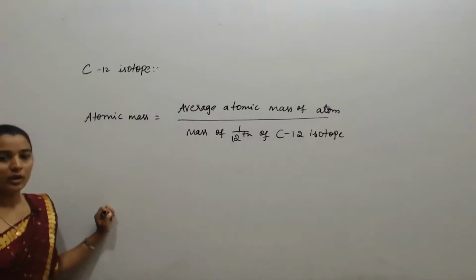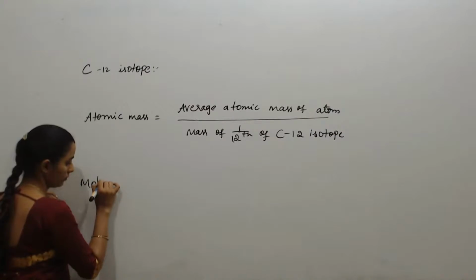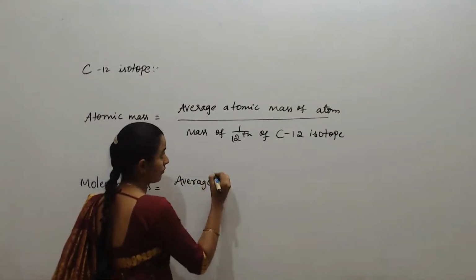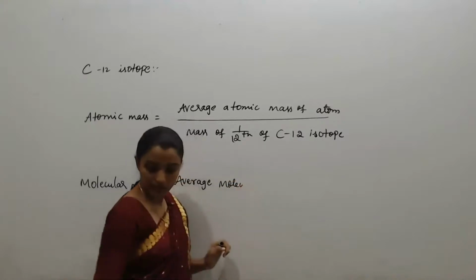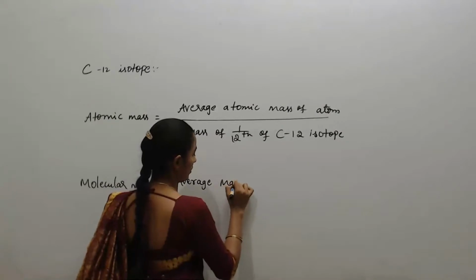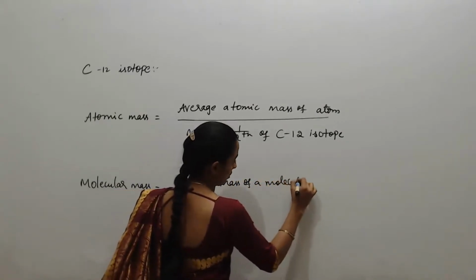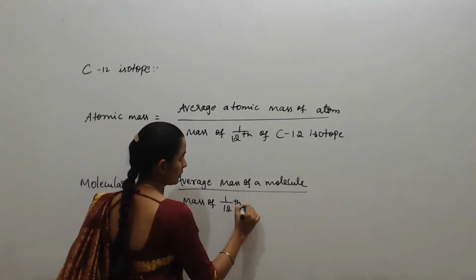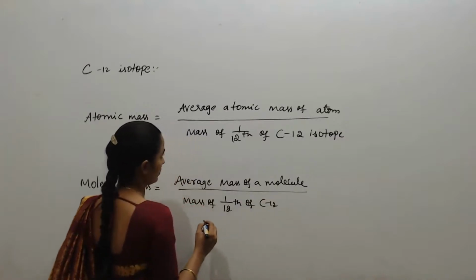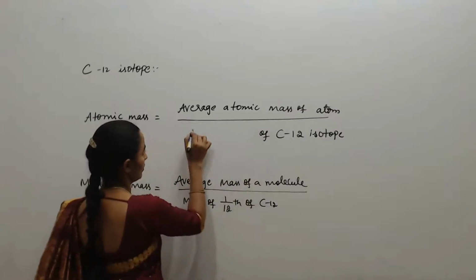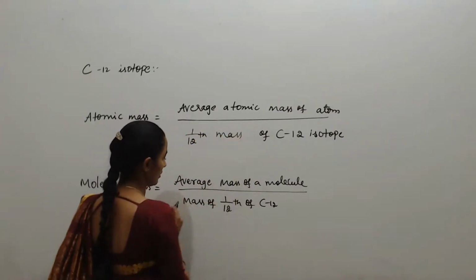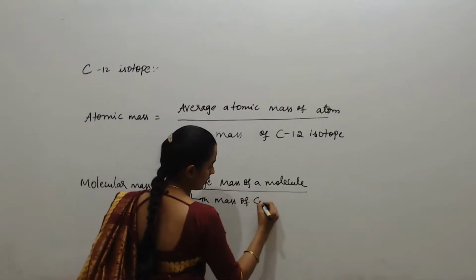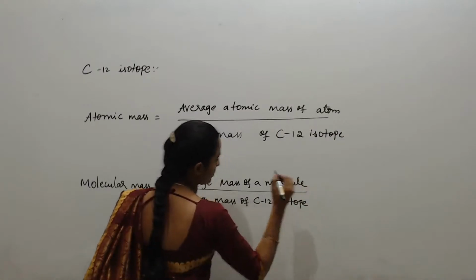Next, molecular mass means the average mass of a molecule divided by the mass of 1/12 of the carbon 12 isotope. So this is the formula.